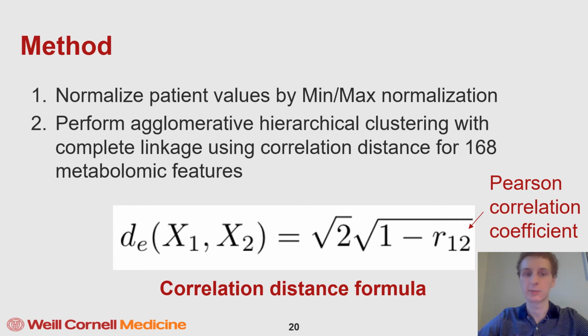We next performed agglomerative hierarchical clustering with complete linkage using correlation distance for 168 metabolomic features. This distance formula is found here, and basically it allows us to show a representation of how far apart, how different two metabolites are from each other.